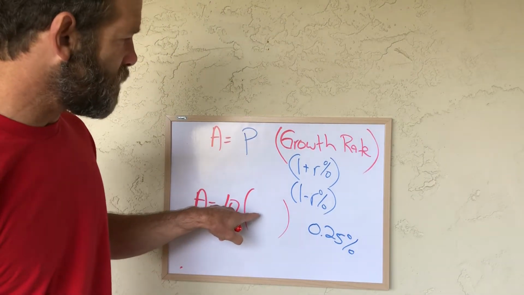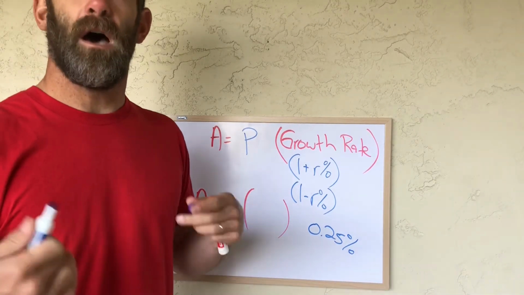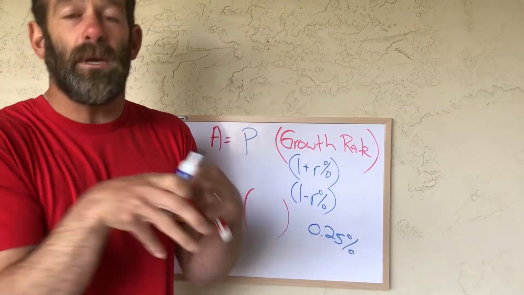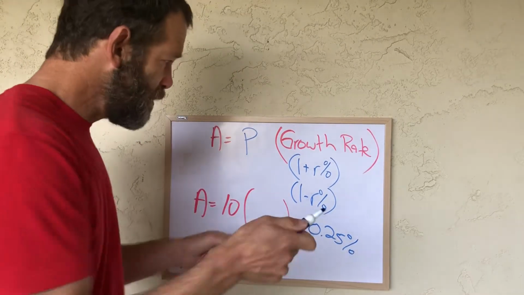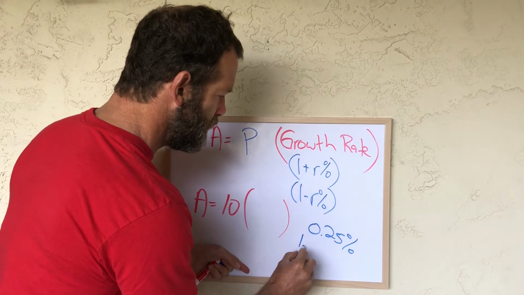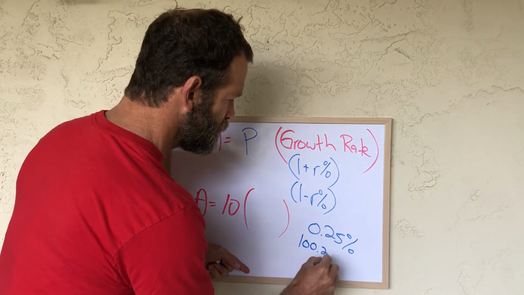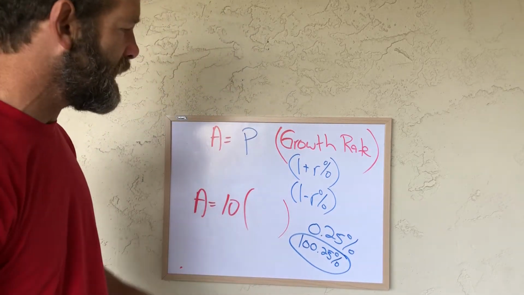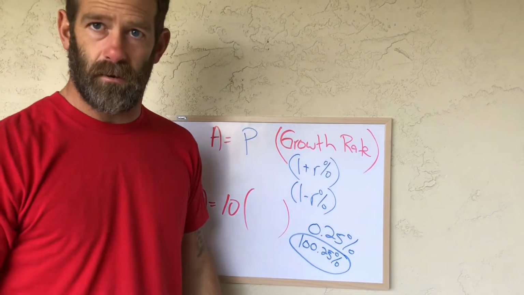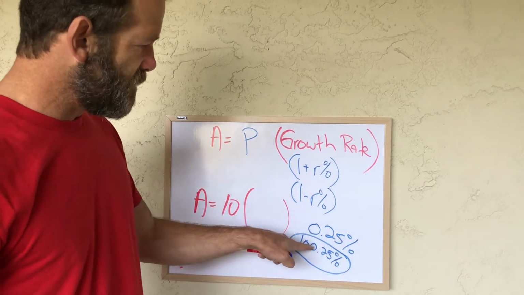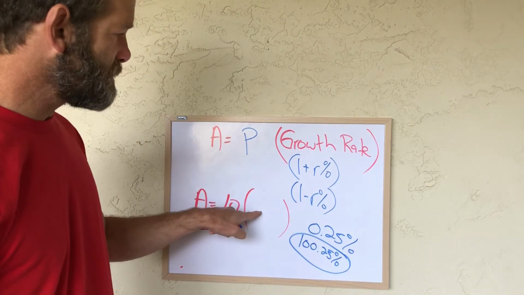So your growth rate is, you have 100% of what you deposited plus an additional 0.25%. So your growth rate is actually 100.25%. That's what your money is growing at every single year. So you would convert this into a decimal and put that here.